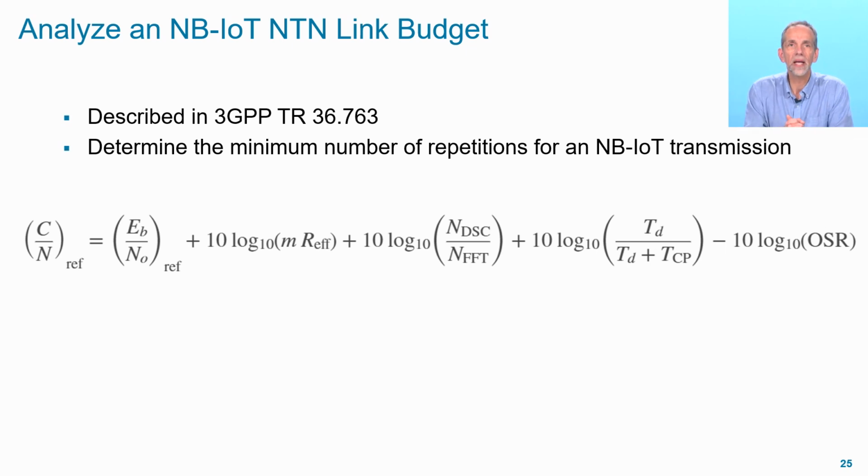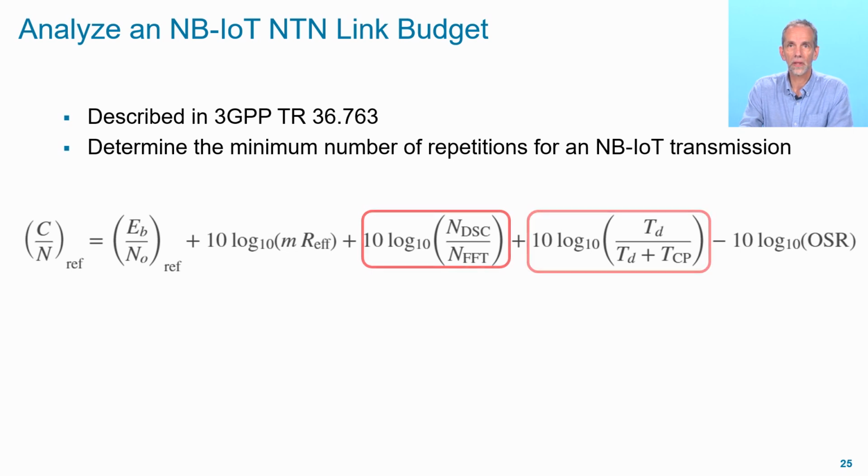And here is the equation that is used to calculate what the required or the reference C over N is. You start with reference Eb/N0, and then you include the effect of the modulation scheme and the effective coding rate. You account for the number of data subcarriers as a percentage of the total number of FFT size.